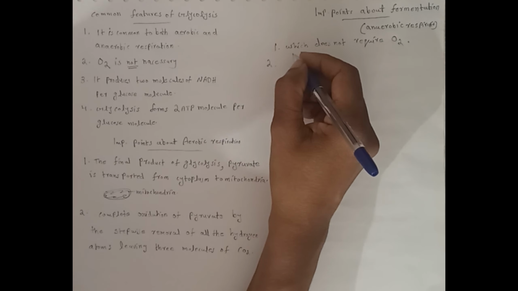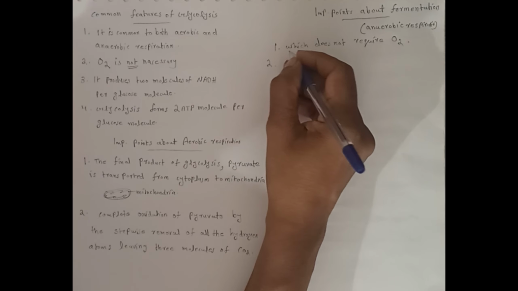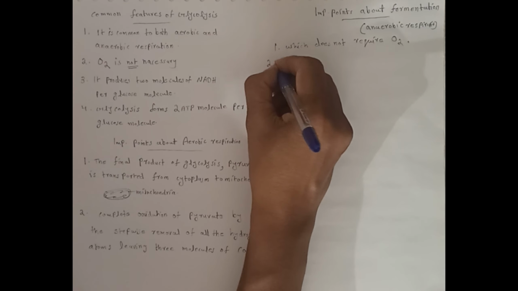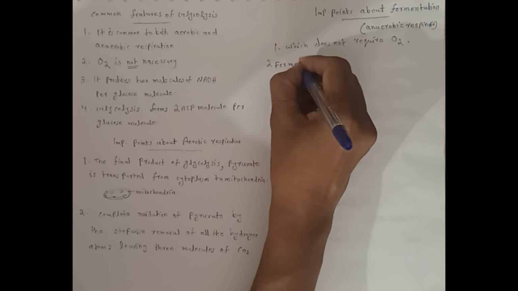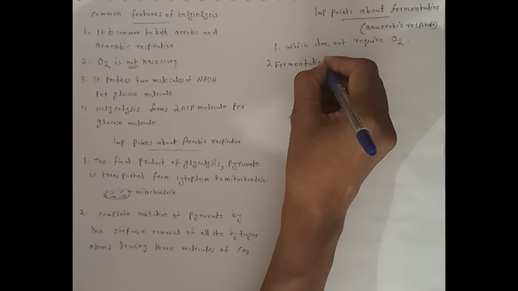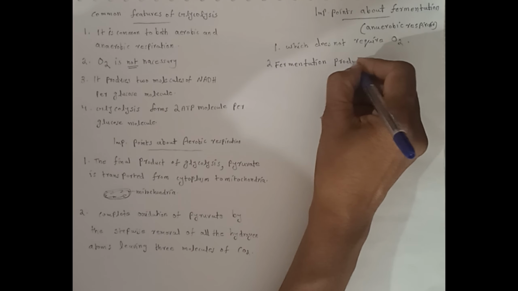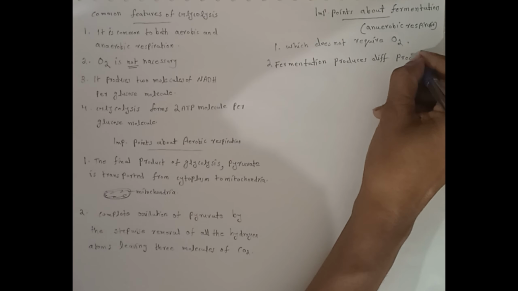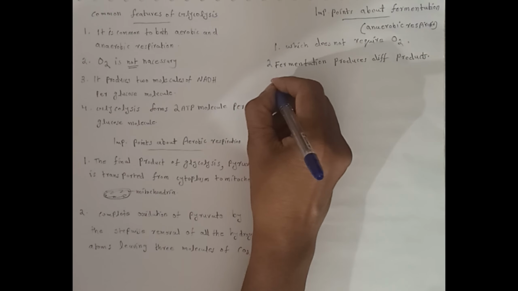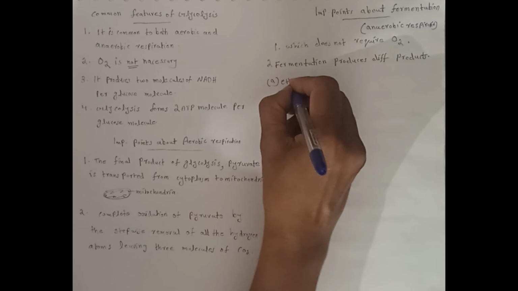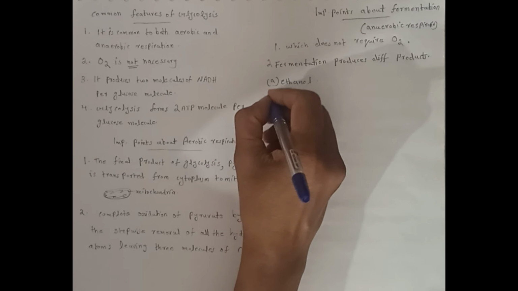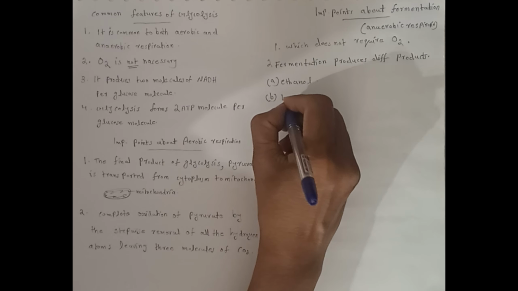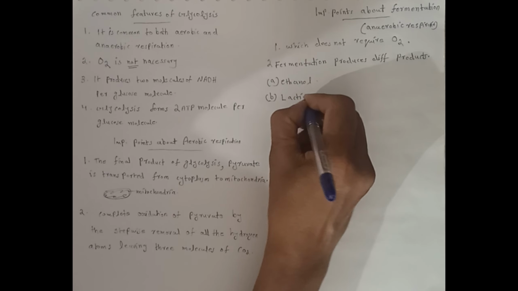The anaerobic respiration that occurs in muscle cells is also known as fermentation. Fermentation produces different products. It may be ethanol, or maybe lactic acid in the case of muscle cells.